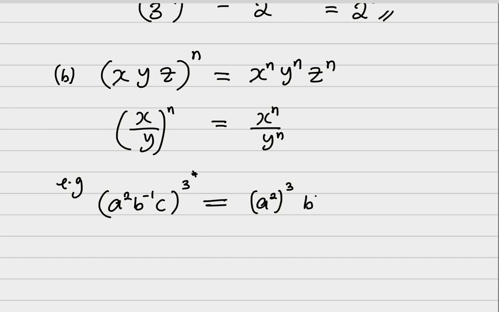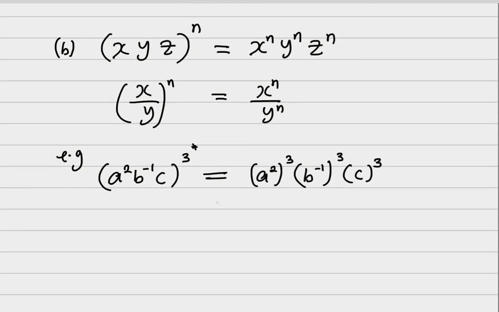Then I have b raised to power minus 1 raised to power 3. Then I have c raised to power 3. Now, the first one becomes, from the law, a raised to power 6, and I have b raised to power minus 3, then I have c cubed. So take note, you can actually have this like this.